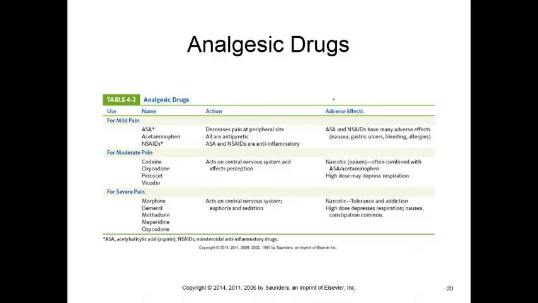These are typically narcotics, and at high doses they can depress respiration and can be more addicting. And then for severe pain, we see things like morphine and Demerol, and methadone, and oxycodone in different amounts.